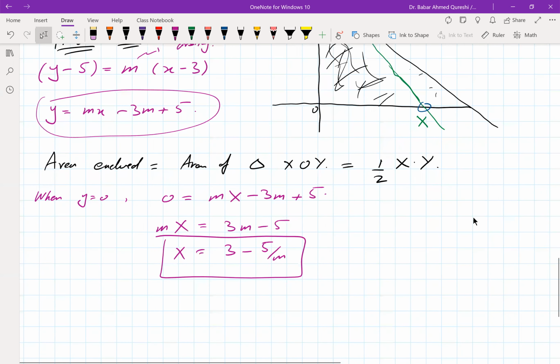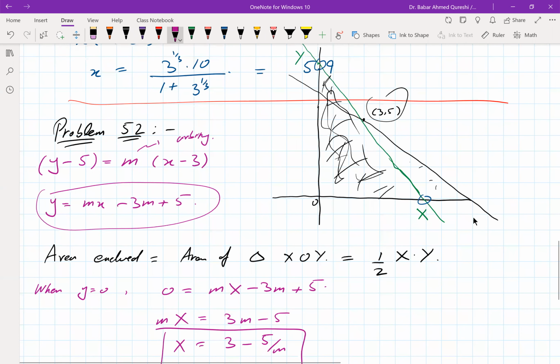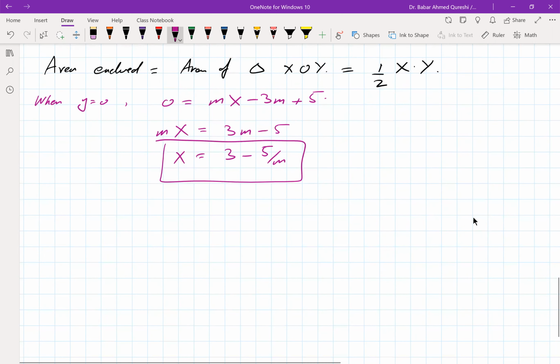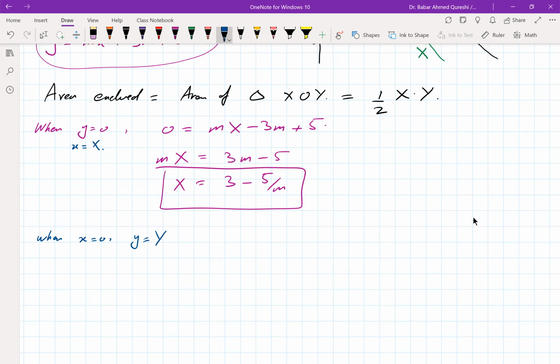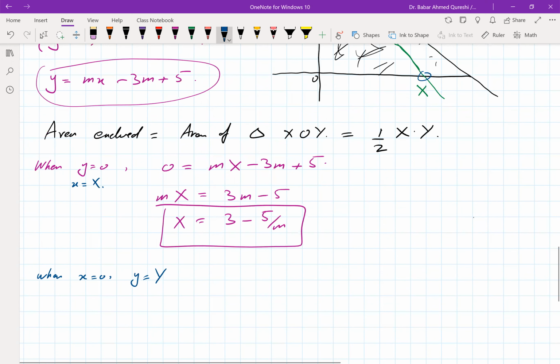And on this same line, there's this point, which is 0, Y. So I can find it from the same equation. When x is 0, y is equal to capital Y. When y is equal to 0, x is equal to capital X. So that gives me capital Y is minus 3m plus 5.